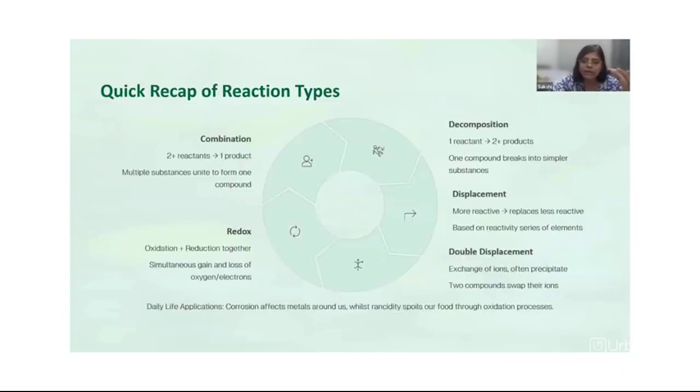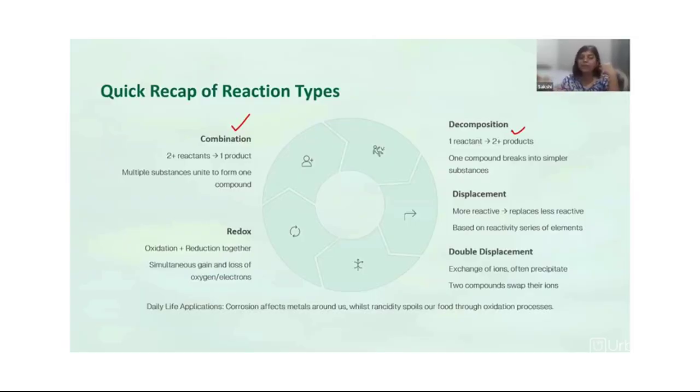Let us quickly do the recap. Firstly, we studied the combination reaction, that means two reactants combining together to give a single product. Next, we studied decomposition, wherein one reactant breaks down to give two or more products. Next is displacement reaction, where the more reactive element displaces the less reactive element.